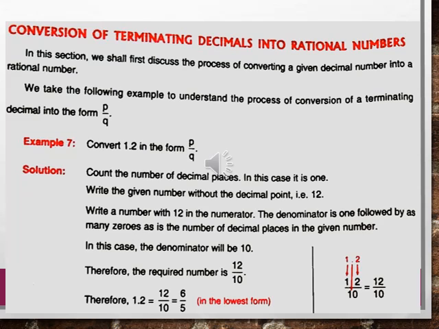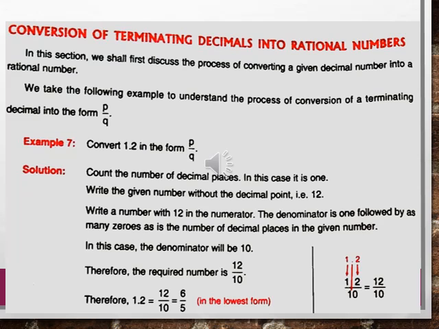Now count the number of decimal places. In this case it is 1, because after the decimal point only one digit is there, that digit is 2. So write the number without the decimal point, that is 12. Remove the decimal point and write the number as it is.